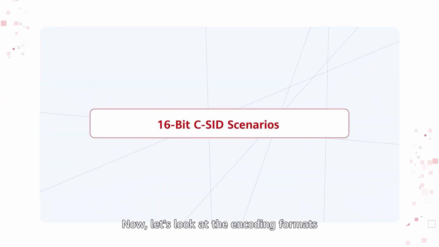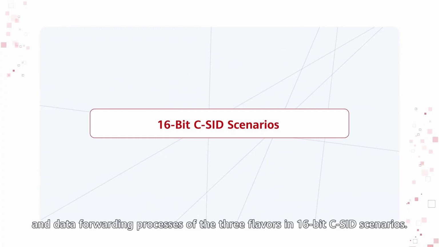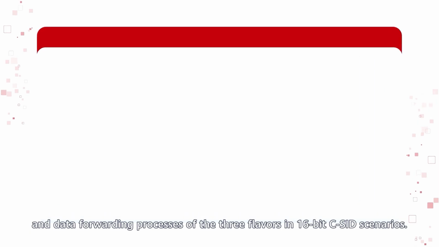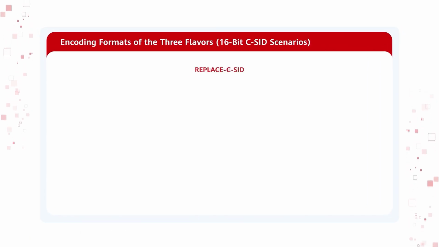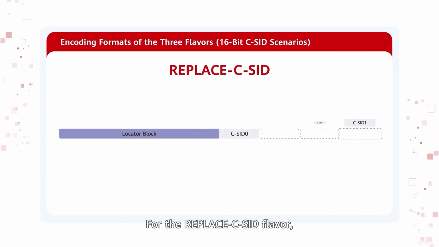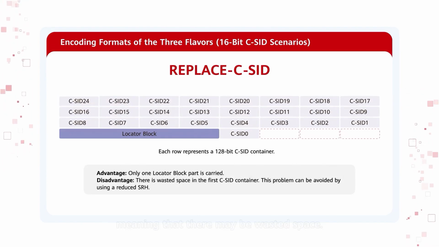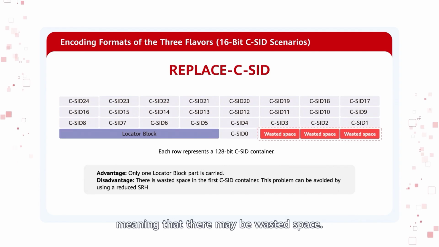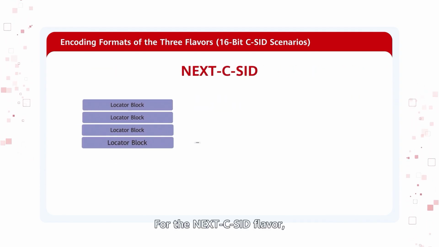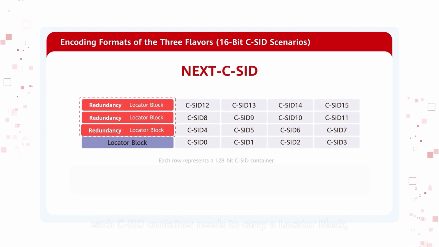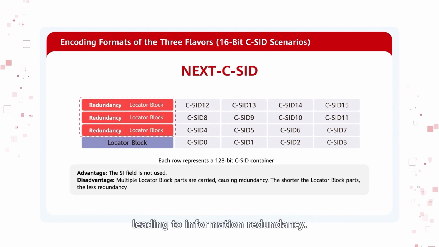Now, let's look at the encoding formats and data forwarding processes of the three flavors in 16-bit C-SID scenarios. For the replace C-SID flavor, the first C-SID container carries only one C-SID, meaning that there may be wasted space. For the next C-SID flavor, each C-SID container needs to carry a locator block, leading to information redundancy.